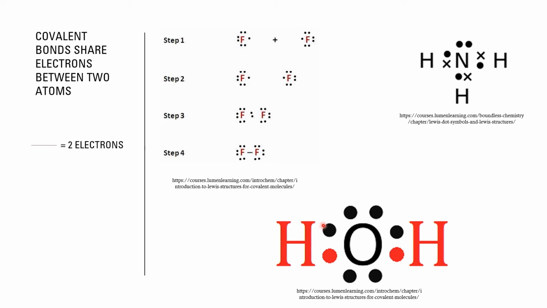In this instance, because the oxygen is sharing electrons with 2 separate hydrogens, it now has 8 electrons in its outer orbitals. The hydrogen, though, doesn't have 8 electrons at the end. It only has 2. It has the electron that it started with and one of the electrons from the oxygen that it has shared with.